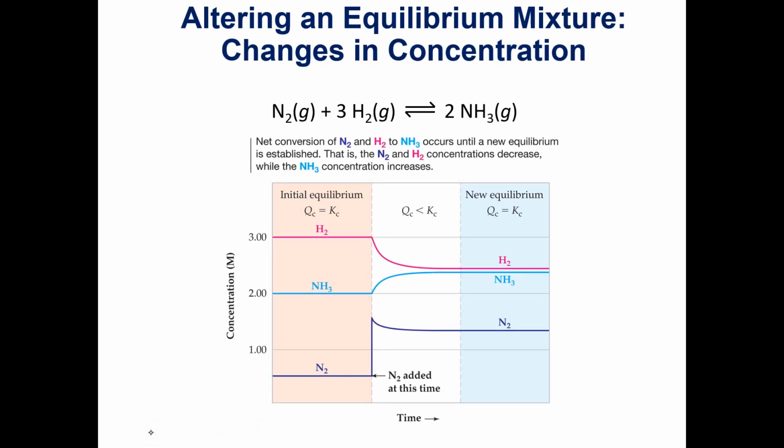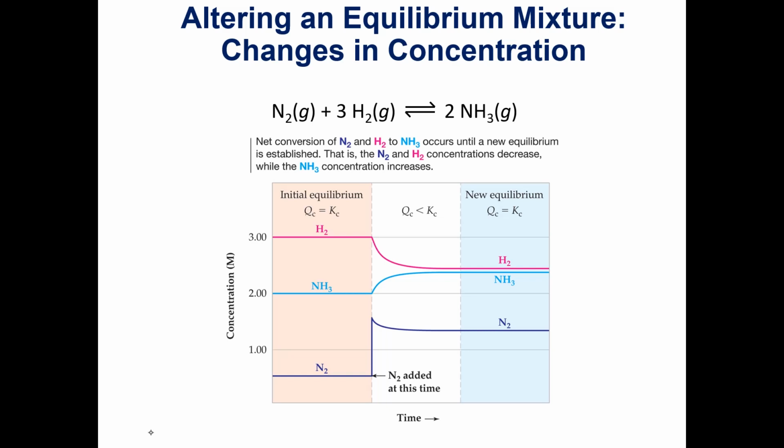For example, if we have the reaction N2 plus H2 yields NH3, which is ammonia, then if Kc is equal to Qc, that means that we're at equilibrium. If we add some N2 to this reaction, now we've added more reactant.